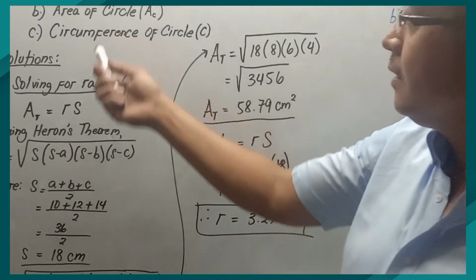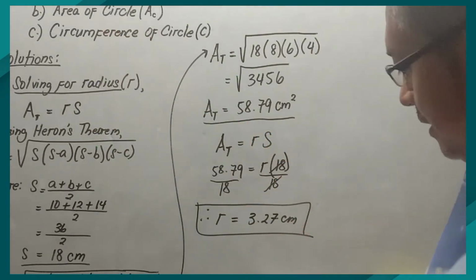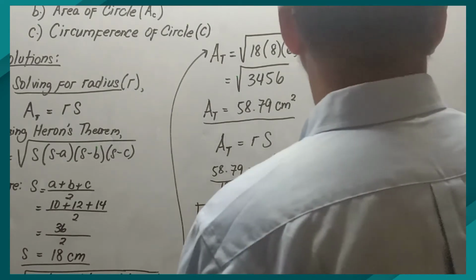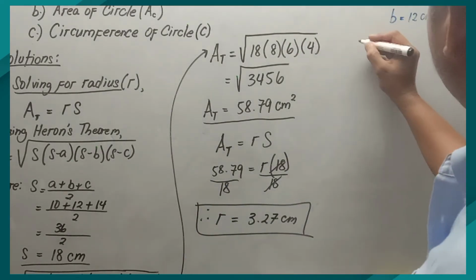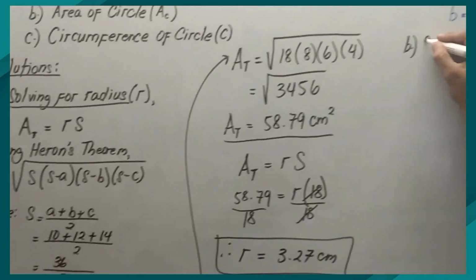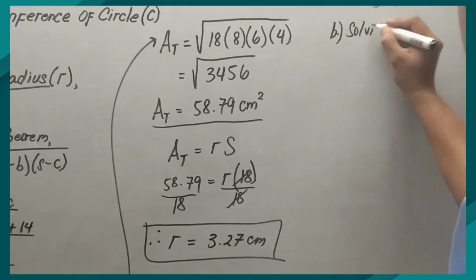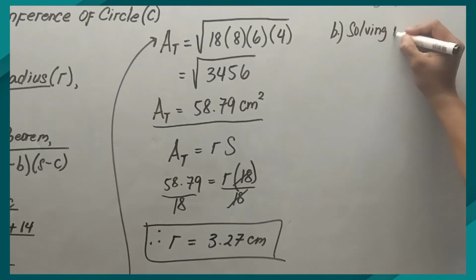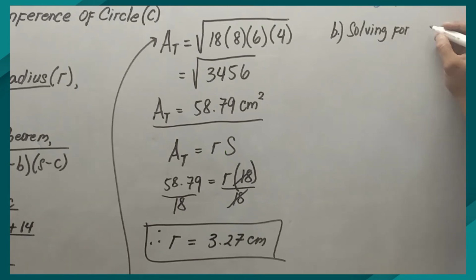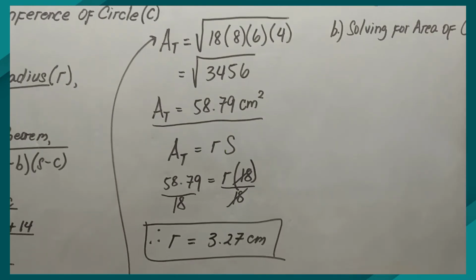Now second one is the area of the circle. So B, okay, solving for area of circle. Okay.